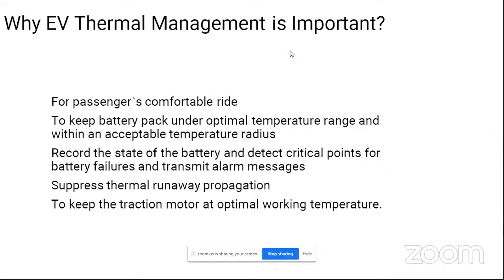Apart from the car cabin and the battery pack, thermal management of the motor and electronic devices in an electric vehicle is also very important, because all these electronic accessories and devices also have a temperature range. If they are working in that temperature range, their performance will be good. If they go lower or higher than that temperature, in both conditions their efficiency and performance will decrease. So there are 4 points.